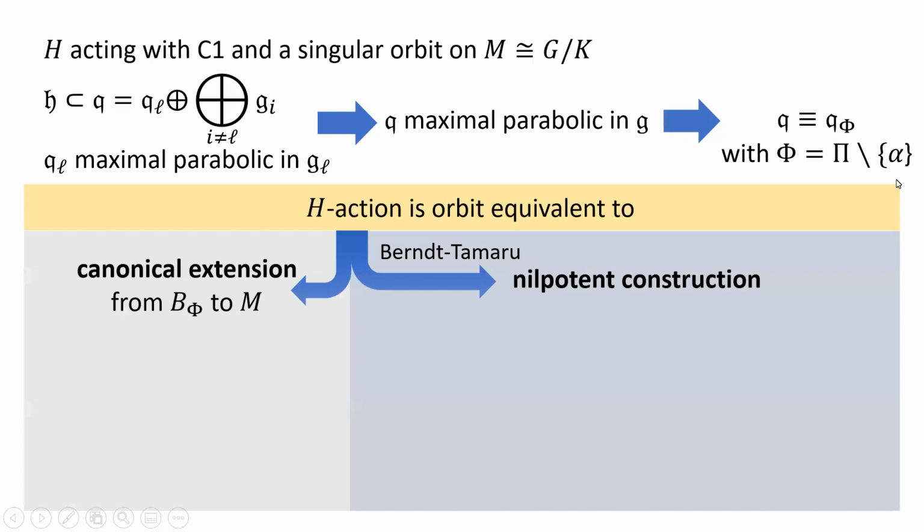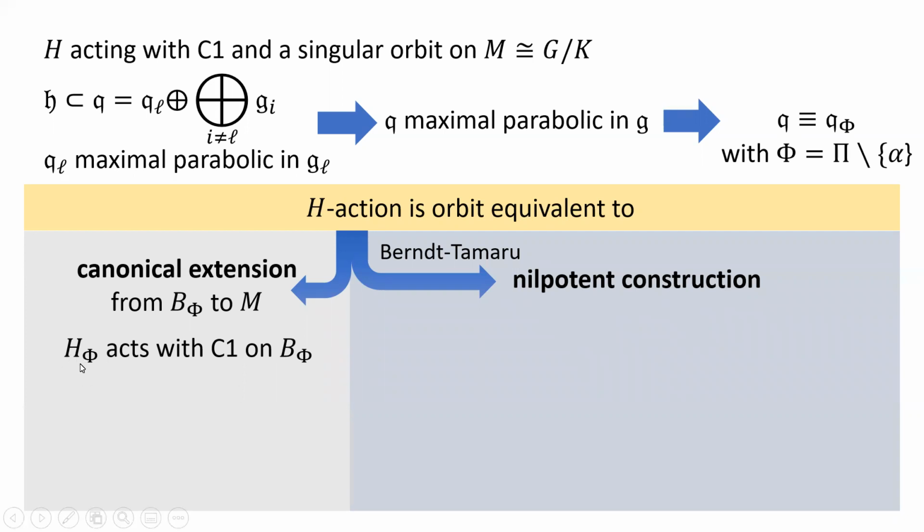So it was proved almost 10 years ago by Berndt and Tamaru that in this situation, the H action is orbit equivalent to a canonical extension or to a nilpotent construction. And I will quickly explain these methods. The simplest one is the canonical extension. In order to canonically extend an action, what you need is an action, say of a group H phi, on this boundary component, recall, on this smaller symmetric space that lives totally geodesically inside our big symmetric space.